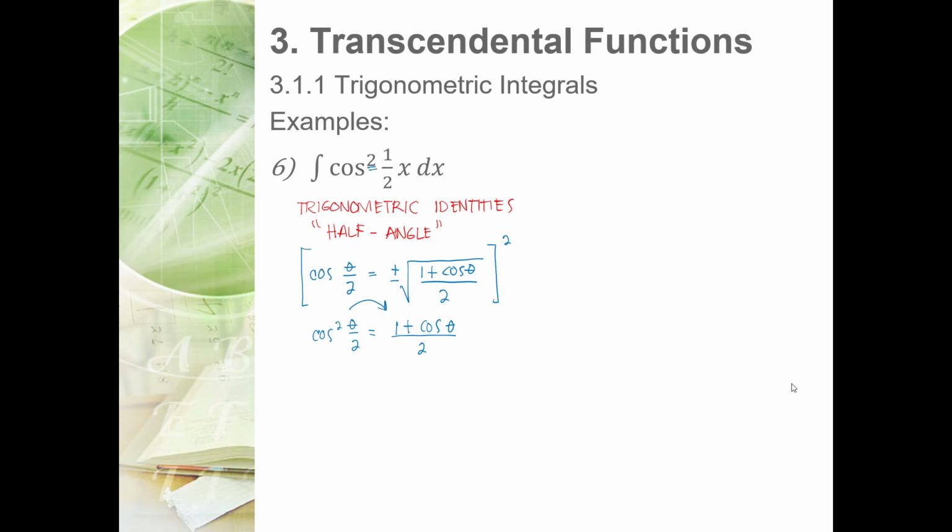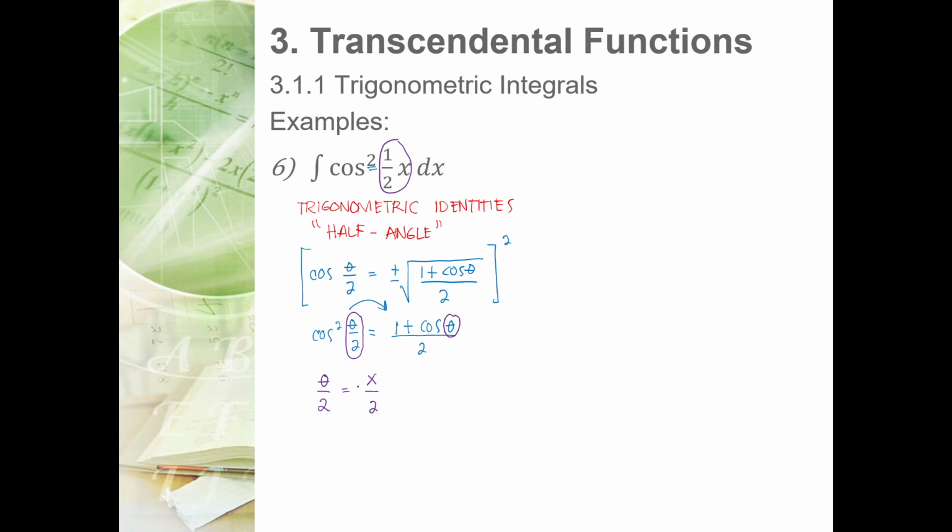Okay, so to further give details in this particular identity, we have to declare the half angle first before transforming. So half angle becomes a whole angle. Our half angle in the given equation is 1/2 of x, so that's x all over 2.